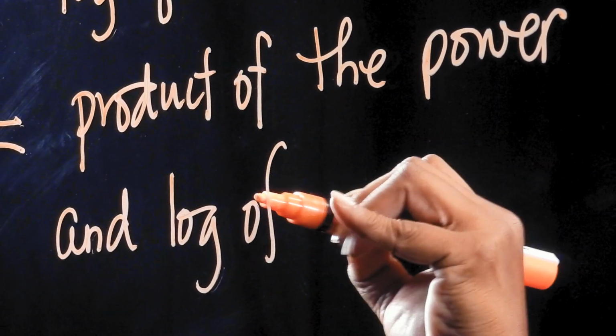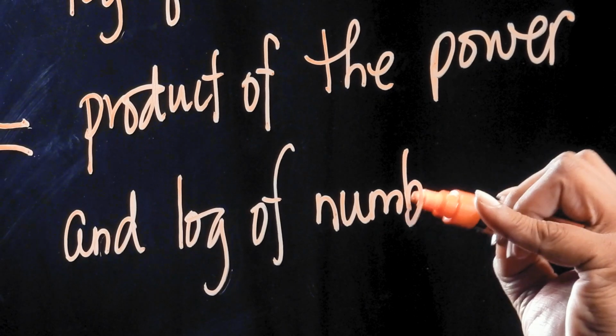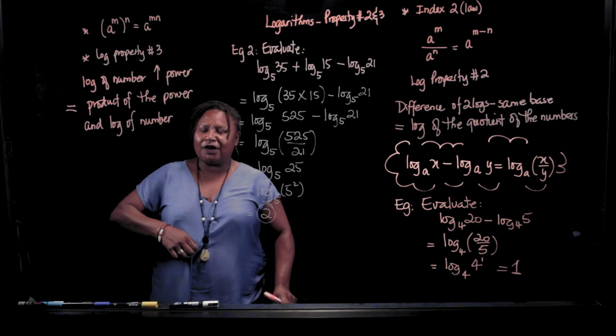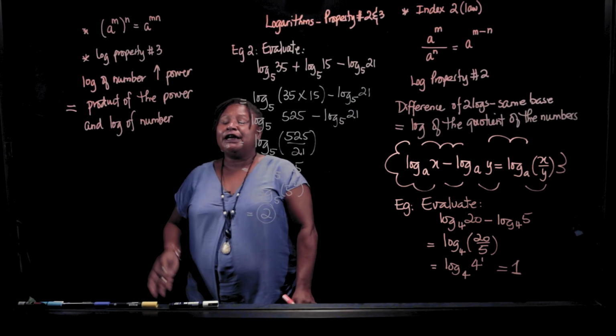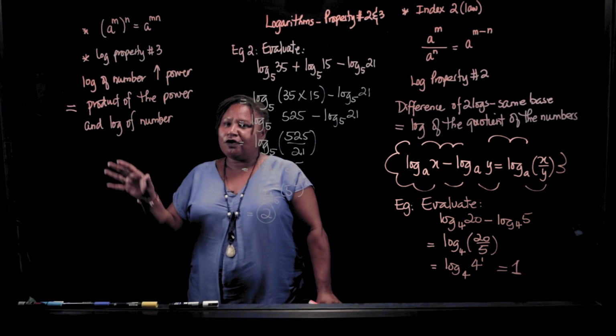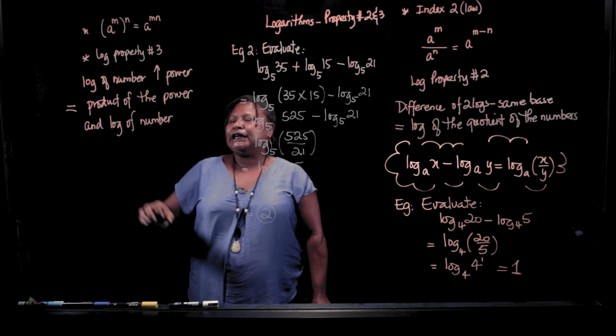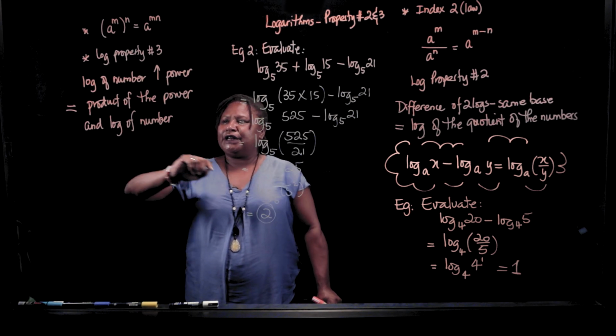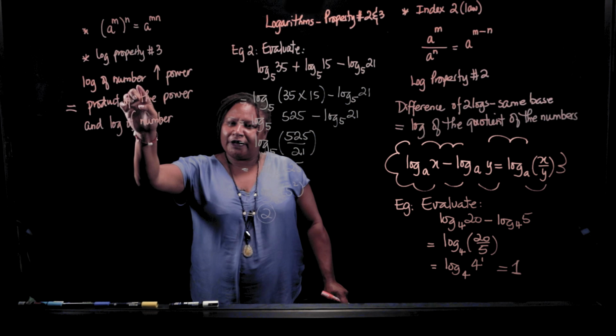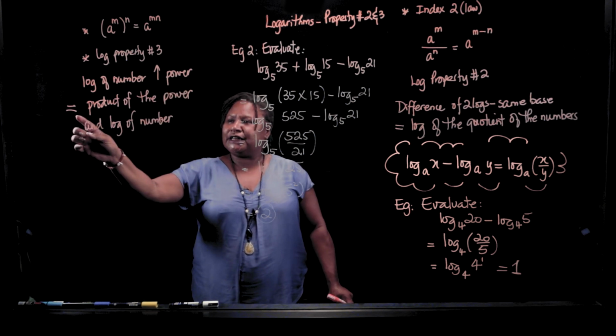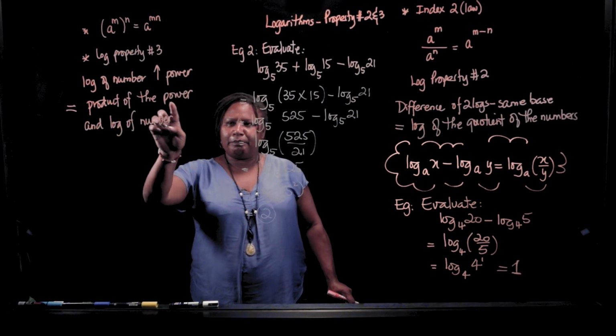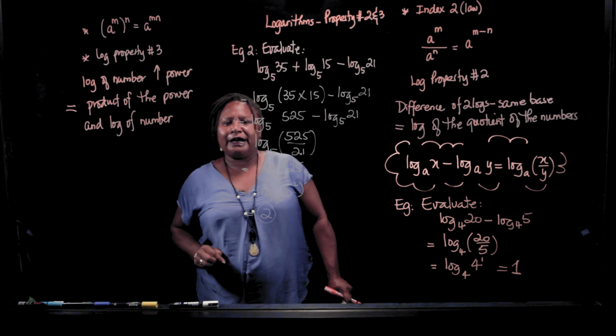Again, the number is no other number, it's in the logarithm statement, okay? So we must be clear on this. It's just not any number, it's the number that is in the logarithm statement, okay? So log property number 3, if the logarithm of a number is raised to a power, then this is equal to the product of the power and the log of the number, okay?